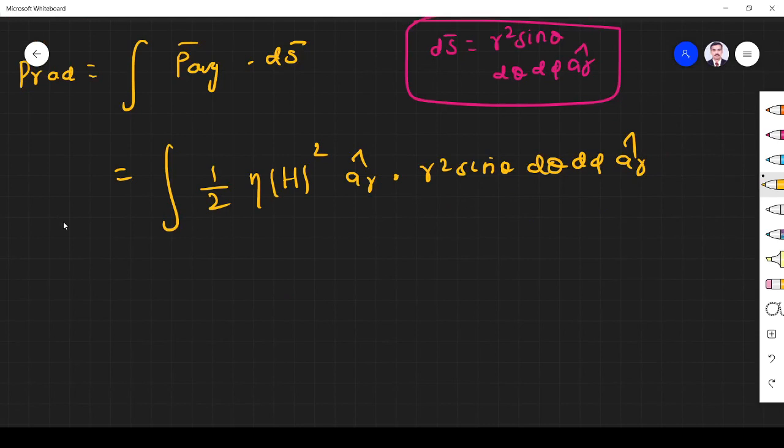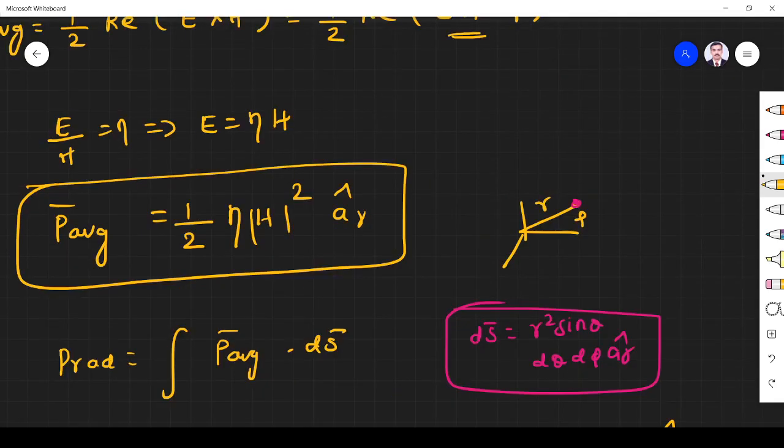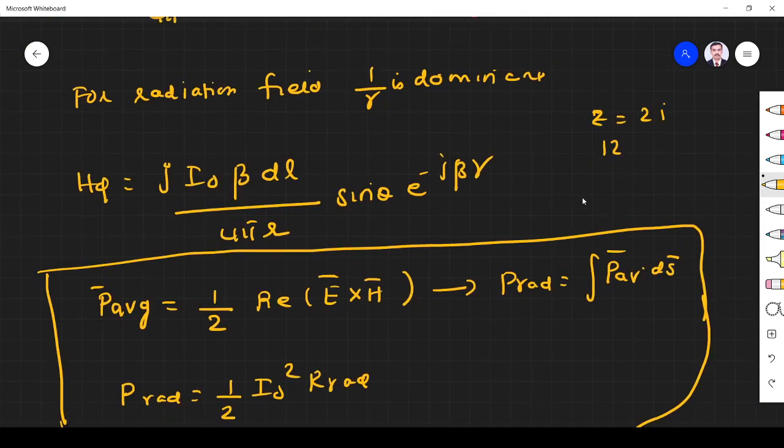If you take the dot product, a r dot a r is 1, so I put a double integral. Let me tell you why: 1 by 2 eta, what is H? H is just the magnitude, and I told you the H value. H is given by I naught beta dl by 4 pi r. What is the magnitude of H?